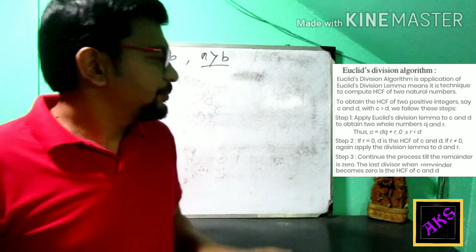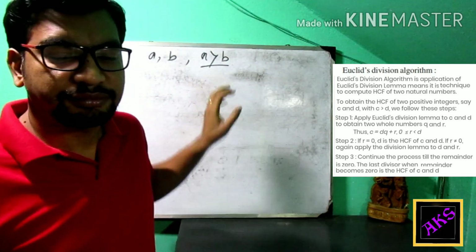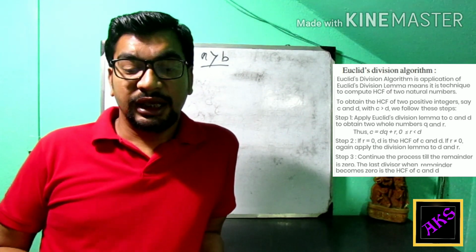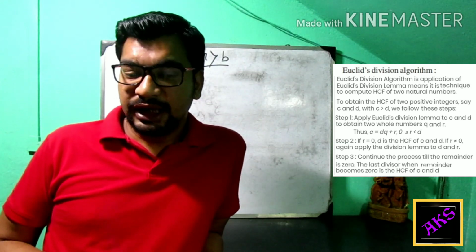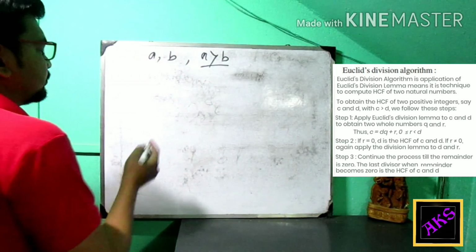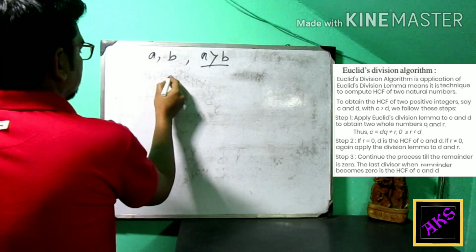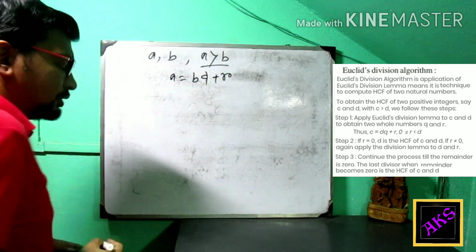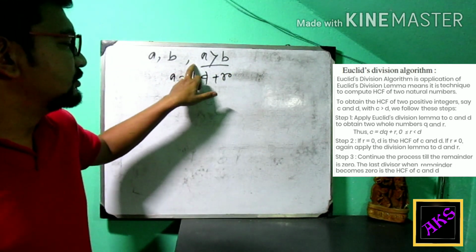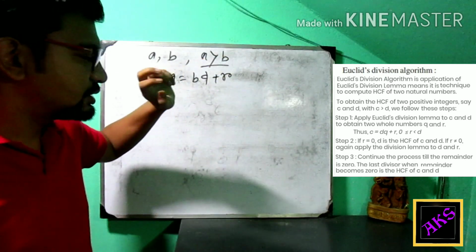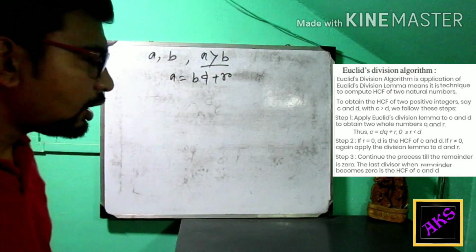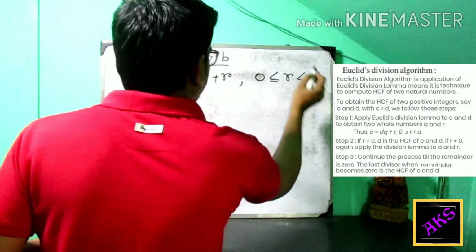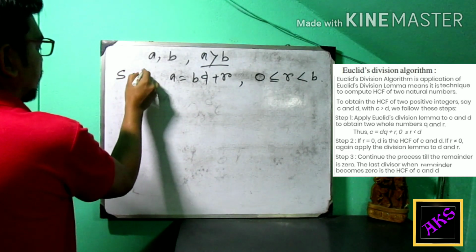For that, we have to apply Euclid's division lemma on a and b to get two positive whole numbers q and r such that a equal to bq plus r, where 0 less than or equal to r less than b. This was our step 1.